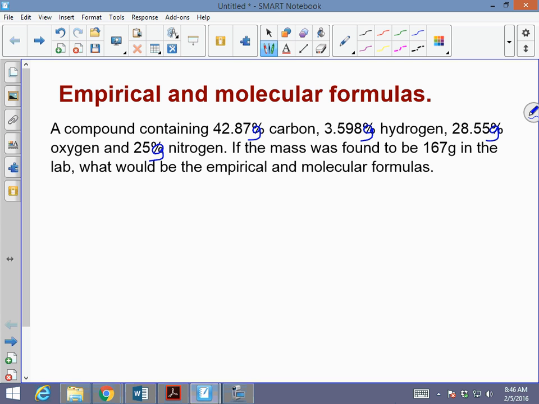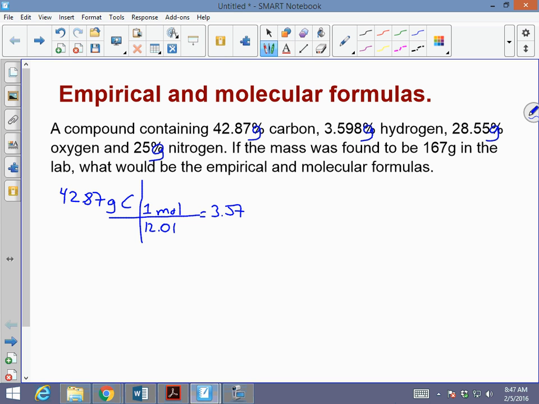Step 2, you want to find out the moles of each. You have 42.87 grams of carbon divided by its mass, which is 12.01, 1 mole. That gives you 3.57 moles.